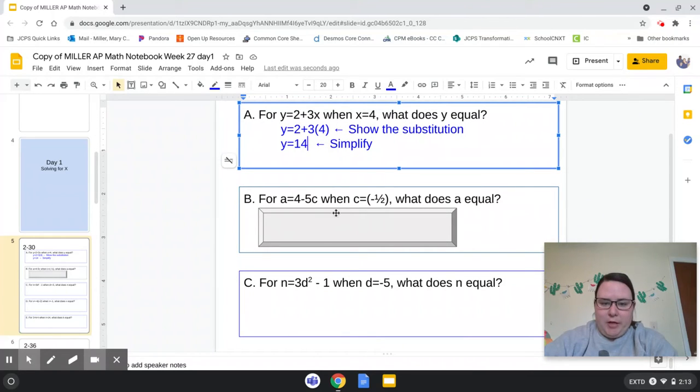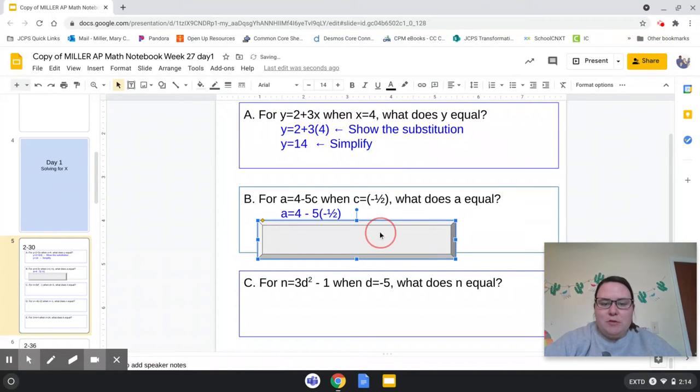So similarly, now we have a equals 4 minus 5c when c equals negative a half. What does a equal? So we're going to plug it in. We're going to substitute this value in. And don't freak out just because it's a negative fraction and you're like, oh my God, I can't do this. Yes, you can. It's the same process. So we're literally plugging it in. Instead of c, we're plugging in negative 1/2. Okay?